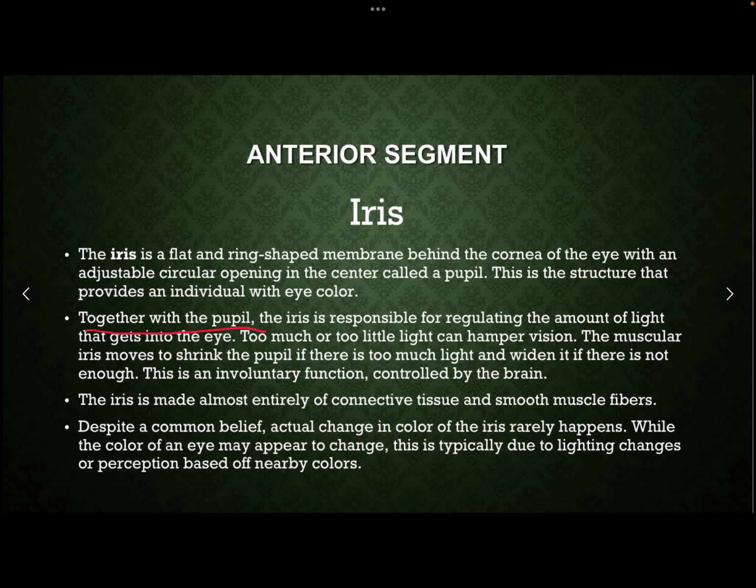Together with the pupil, the iris is responsible for regulating the amount of light that gets into the eye. Too much or too little light can hamper vision. The muscular iris moves to shrink the pupil if there is too much light, and widen it if there is not enough. This is an involuntary action controlled by the brain.